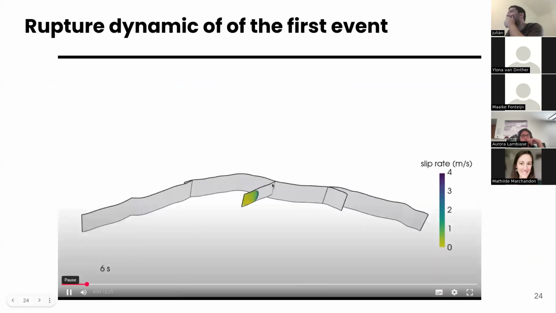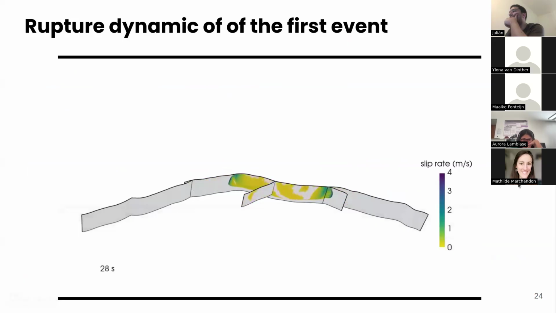Here you can see the slip rate during the simulation. Let you have a look. The earthquake nucleated on these splay faults, and then it first starts propagating northward, and then after a small delay, the rupture starts to propagate in the south part.